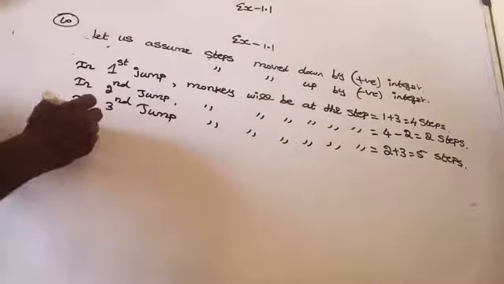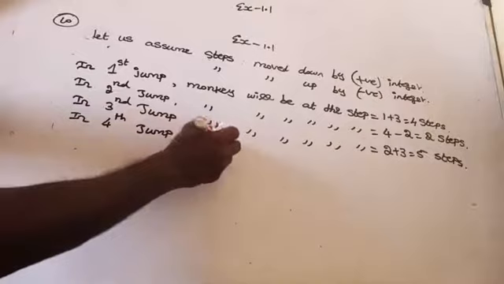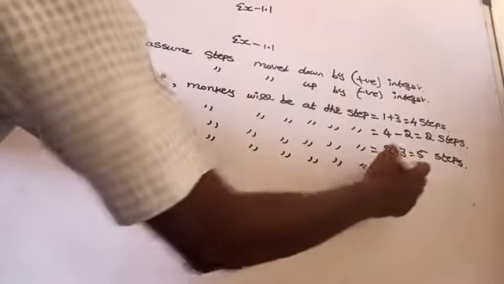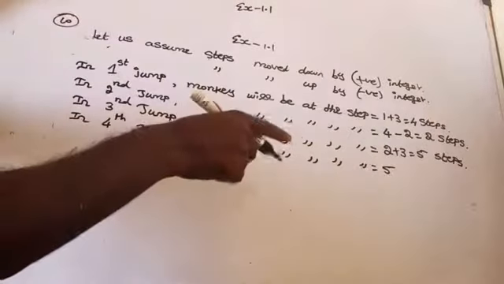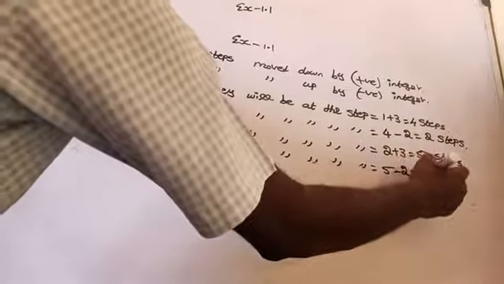Then again it goes 2 steps back. In the fourth jump, the monkey is in the 5th step, and it goes 2 steps up, which is represented by negative, so 5 minus 2, it will be the 3rd step now.